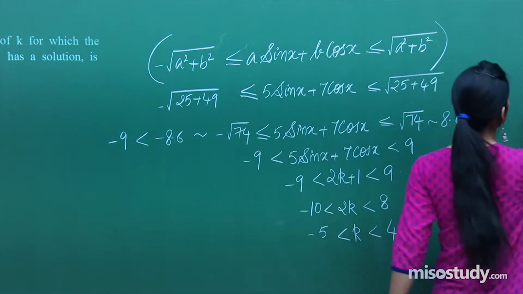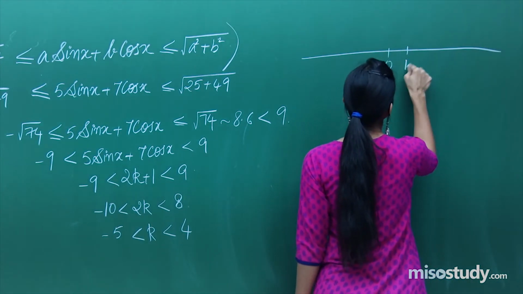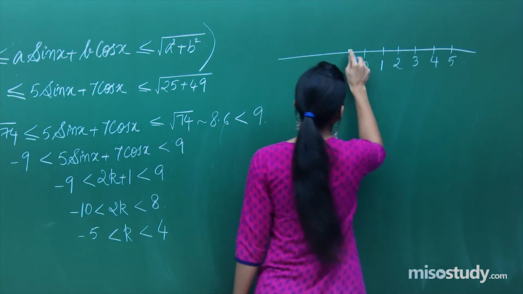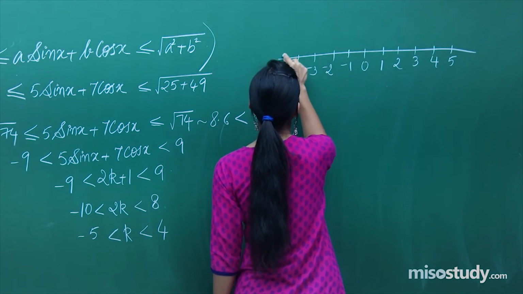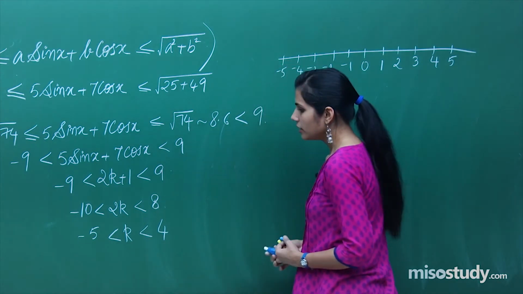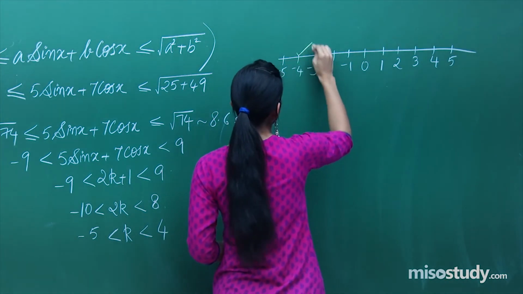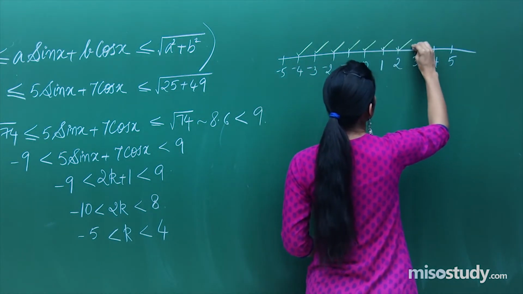So, over here if you try to picture the number line, this is 0, this is 1, this is 2, this is 3, this is 4, and here you have minus 1, minus 2, minus 3, minus 4 and minus 5. K is an integer strictly greater than minus 5. So, it can be minus 4, minus 3, minus 2, minus 1, 0, 1, 2, 3.